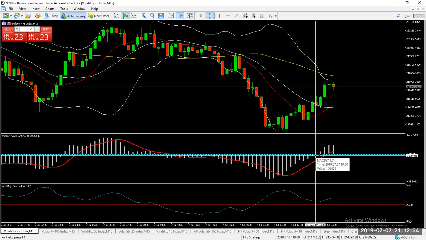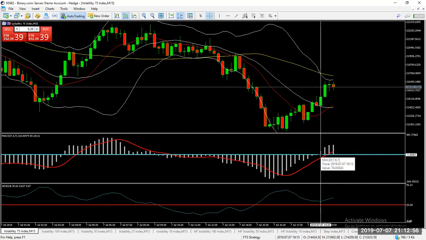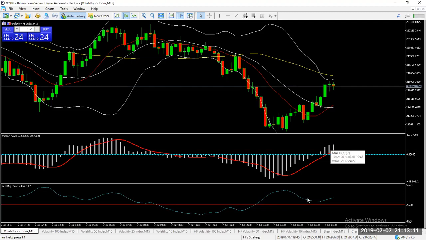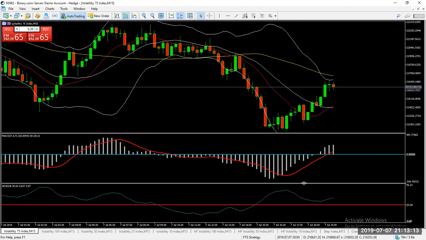So you wait for the next candle and you can see that it closed above the middle Bollinger band. It closed above this white line, which is the middle Bollinger band. Do you understand? And this is showing a clear upward movement. And this is above the 25 line. Just strike that trade button and you can see how it went.